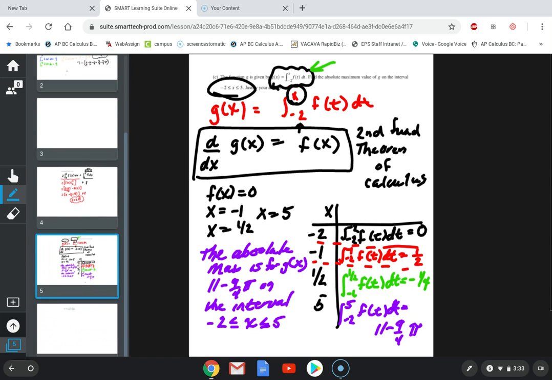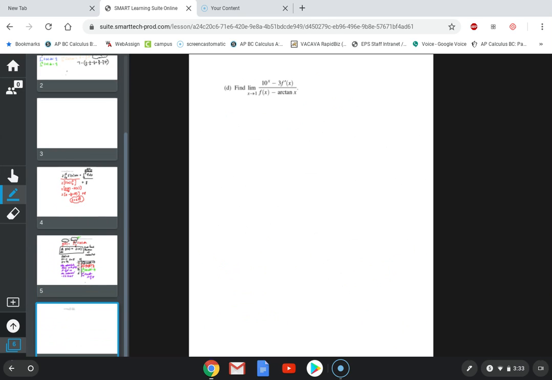The next piece is the last of this problem, part D. And we're looking for the limit as x approaches 1 of 10 to the x minus 3 f prime at x, over f of x minus arctangent of x. So I'm going to say that that is equal to, and I'm going to put in the 1 for x.